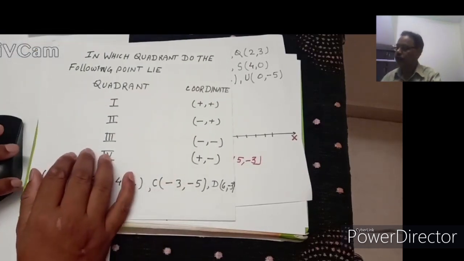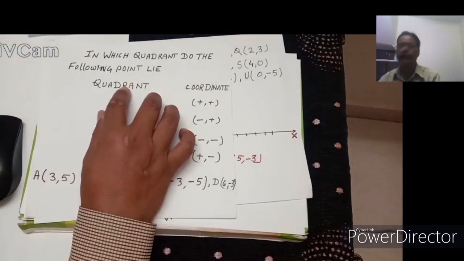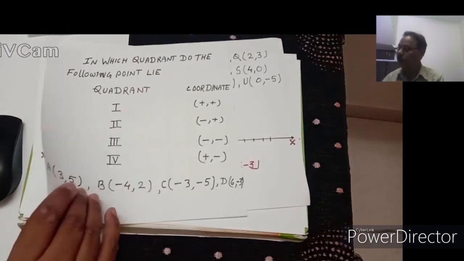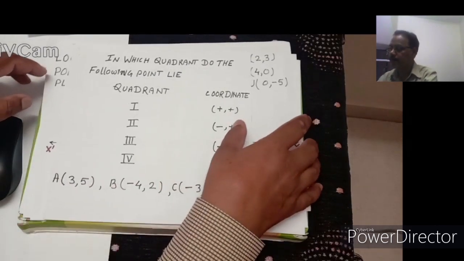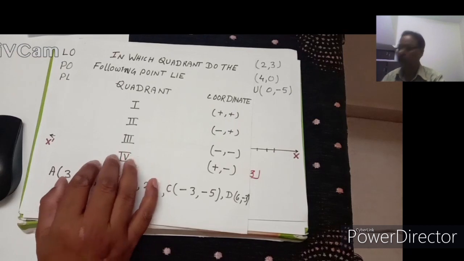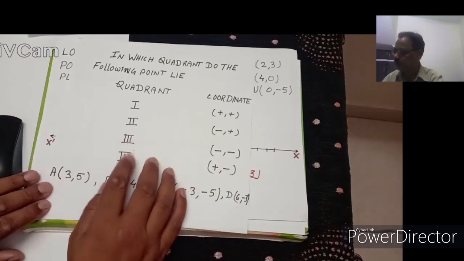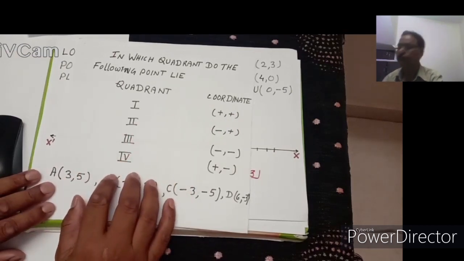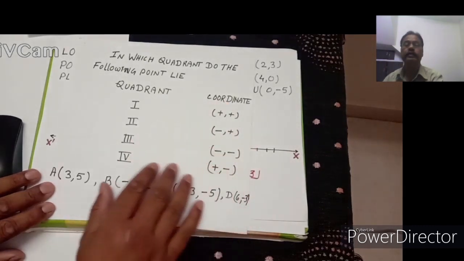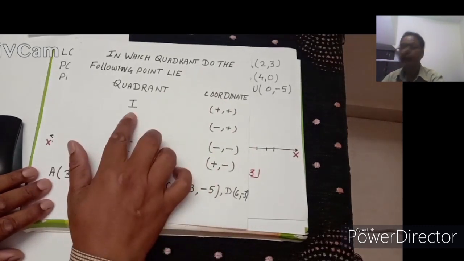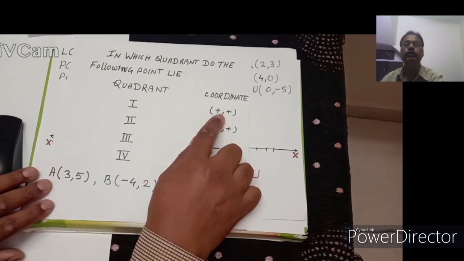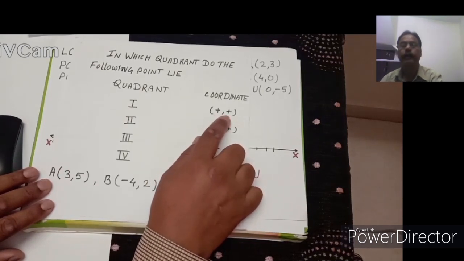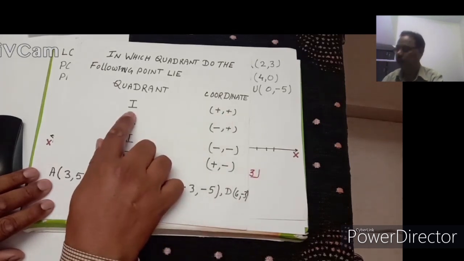In which quadrant do the following points lie? So see the quadrants: first, second, third, fourth quadrant and coordinates. What do we see here? If both x and y coordinates are positive, it will lie in the first quadrant.